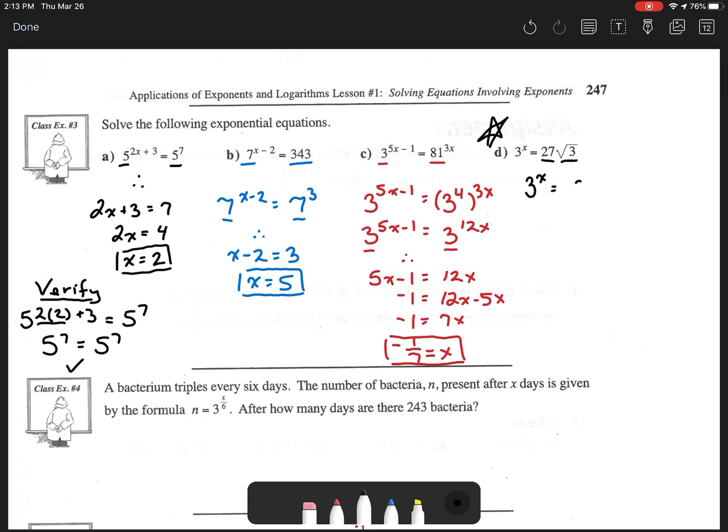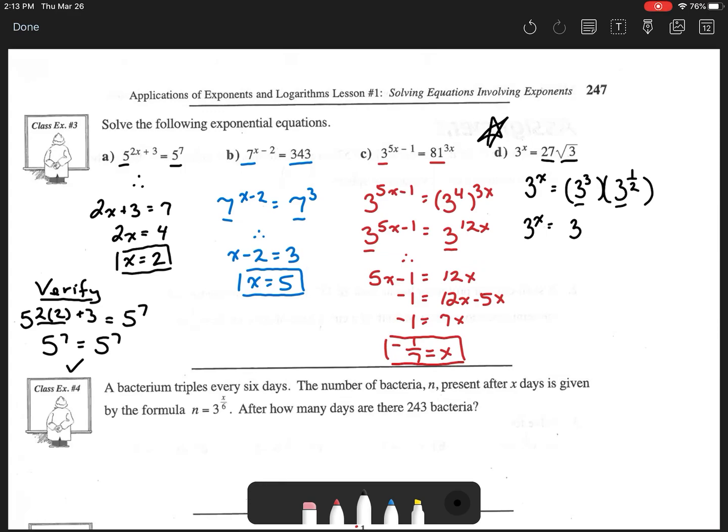So the 27 is 3 cubed. Okay, there's 27. What you have to do is write the square root of 3 as 3 to the exponent of 1/2. Okay, that's how we write the square root of something. It's the same as writing something to the exponent of 1/2. So the left-hand side stays as 3 to the exponent of x, but the right-hand side is going to be 3 to the exponent of, now I'm multiplying powers with the same base, so I have to add the exponents.